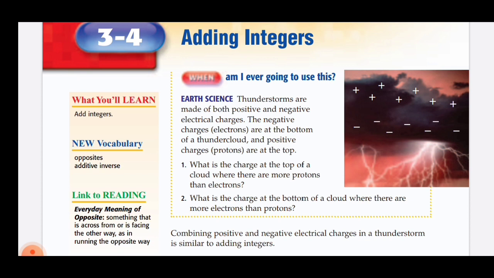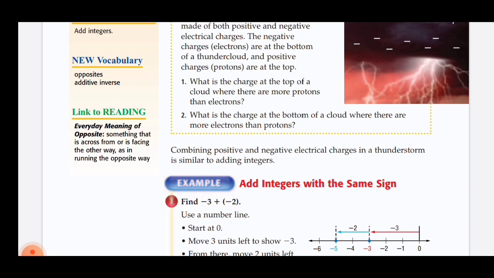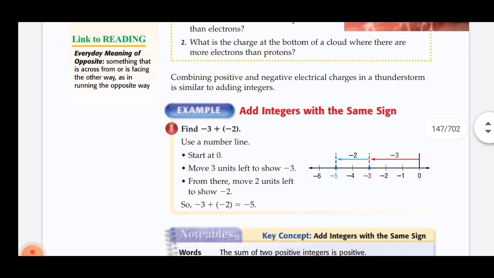What is the charge at the top of a cloud where there are more protons than electrons? 2. What is the charge at the bottom of a cloud where there are more electrons than protons? Combining positive and negative electrical charges in a thunderstorm is similar to adding integers.